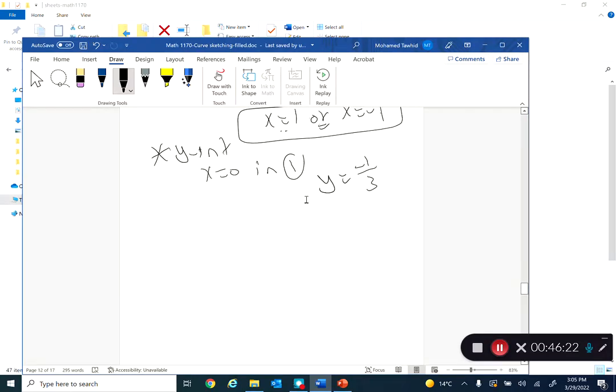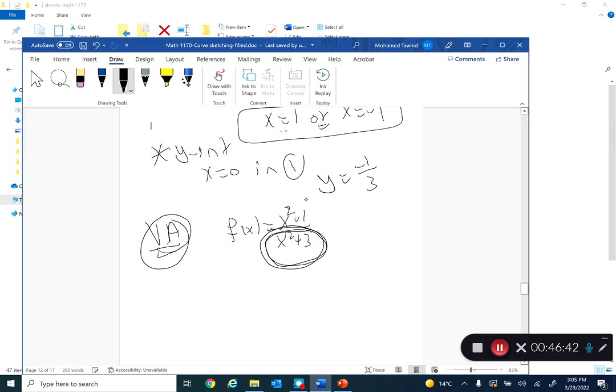So now I need to get the VA, vertical asymptote. Right? So how do we get the vertical asymptote? Do we have a vertical asymptote? If you have f of x equal to x squared minus 1 over x squared plus 3, then in order to get the vertical asymptote, always you take whatever you have down here, and that should be 0.